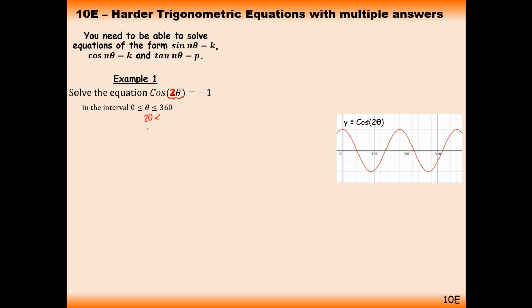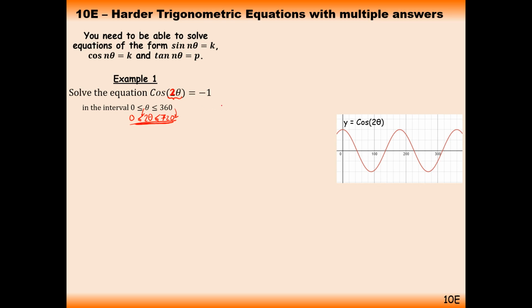I'm going to use inverse cos, but the calculator doesn't know how many periods you're looking at. So if theta is doubled, then 360 must be doubled, and so should 0. In this case, 0 times 2 is still 0, but the point is to look for all the values within this range. Now we can take our cos inverse.